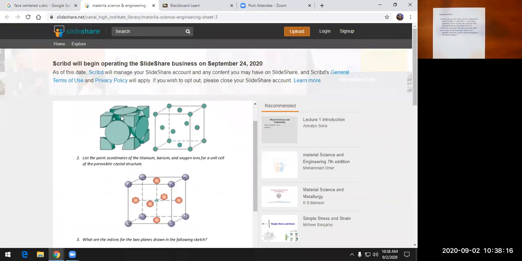So looking at this picture right here, we can see that in a face-centered cubic structure, the points of contact between the spheres are here on the face itself, okay? So in the face-centered cubic structure, the distance from here to here is 1 radius.